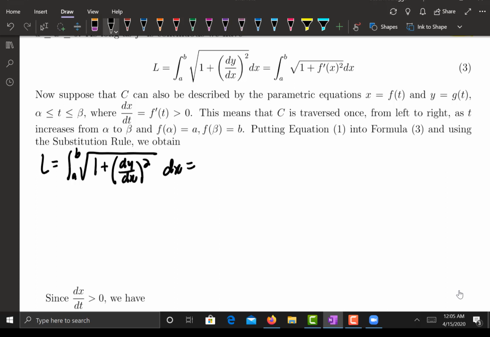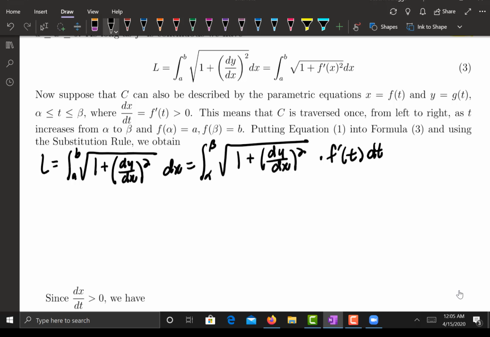Using my integral, it's going to be from alpha to beta of 1 plus dy dx squared times f prime of t dt.